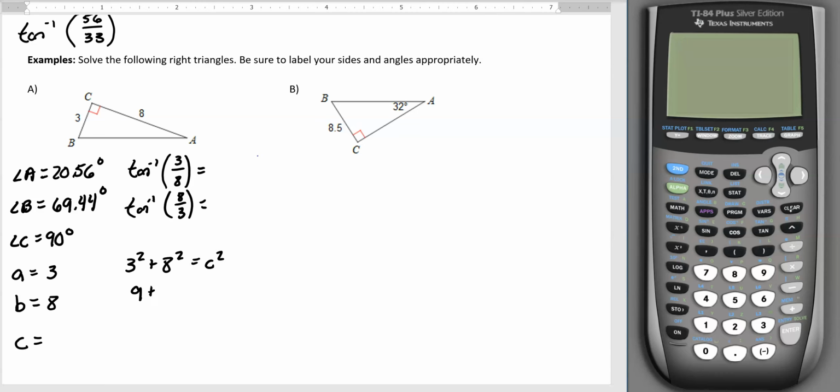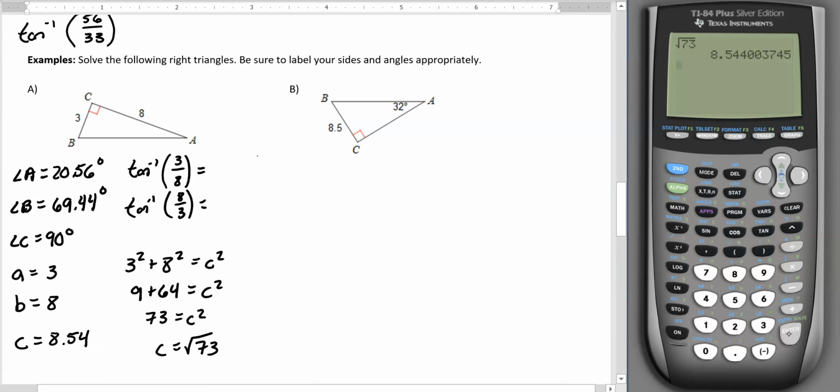So that's 9 plus 64 is c squared. So that would be what? 73 equals c squared. So c is the square root of 73, which I can put into my calculator, and I'll say second square root of 73 equals 8.54. Well done.